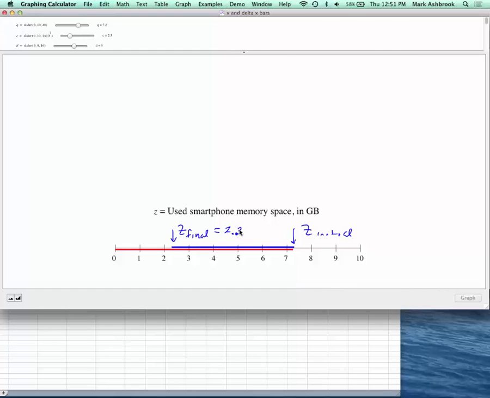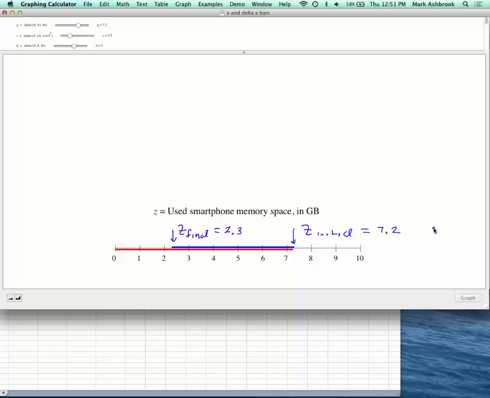I'm going to say 2.3, okay? And? You may have slightly different estimates. So final 2.3, initial 7.2. Okay, someone take it from there.